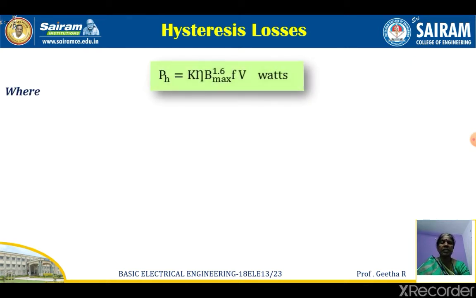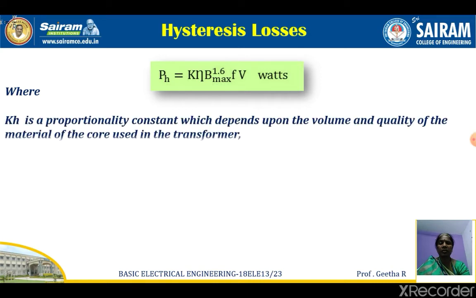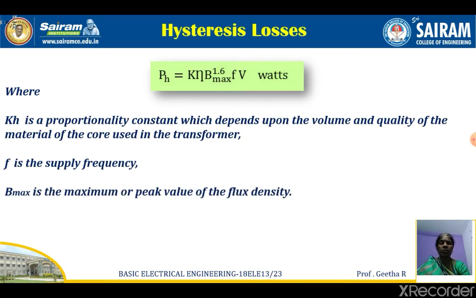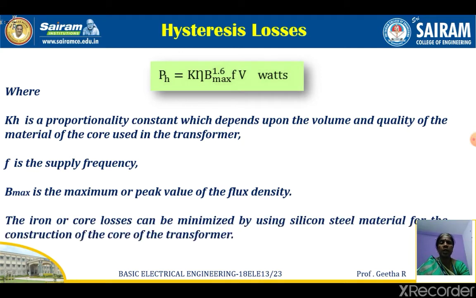The hysteresis loss can be given as: power due to hysteresis is nothing but K into B max power 1.6 into F into V, where K is the proportionality constant, which depends upon the volume and quality of the material of the core used in the transformer.